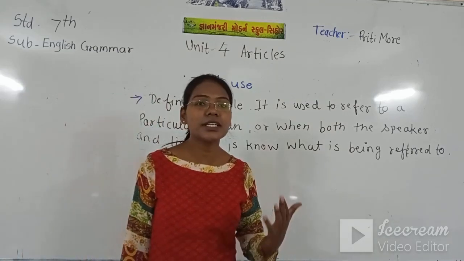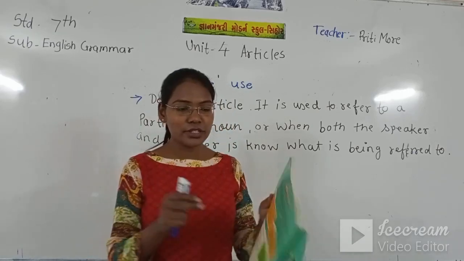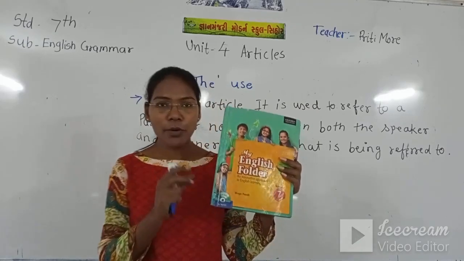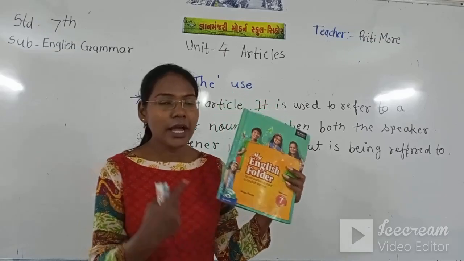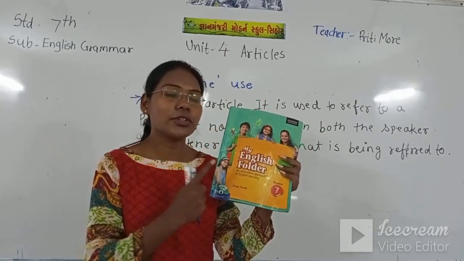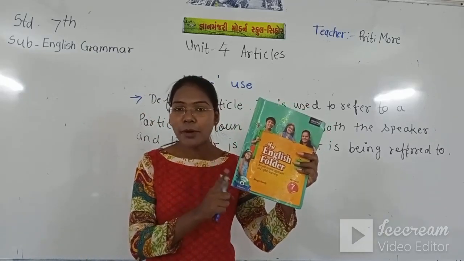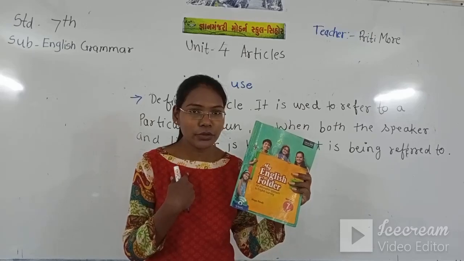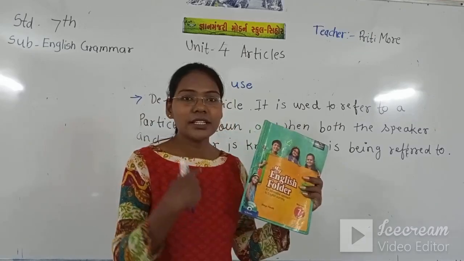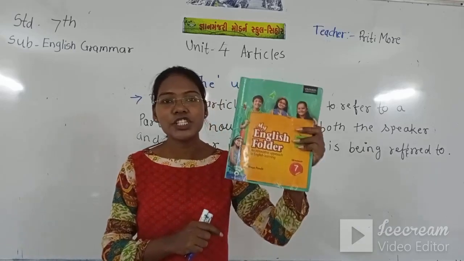That means the speaker and listener, if I am talking about this book, see, if I am talking about this book, this is the GE book. I am also knowing this is the GE book, and you are also aware about this. This is your GE book. And if I am talking about this book, I am the speaker, you are the listener, and we both know this is the GE book.